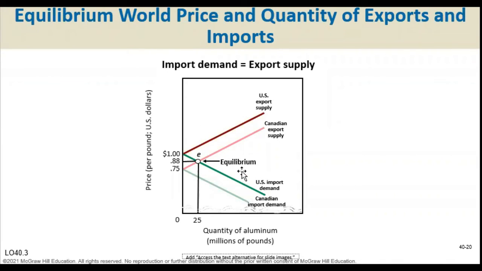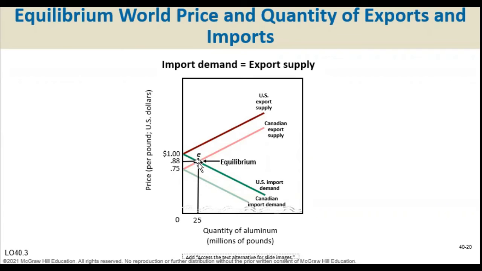we find an equilibrium point where one country, here Canada, export supply intersects with the other country, the US, import demand, which is at this point.